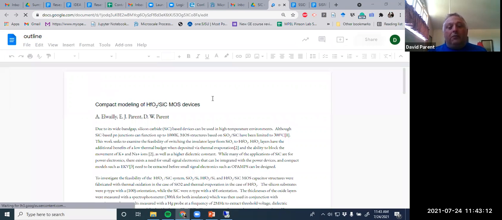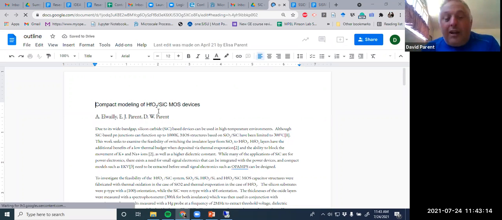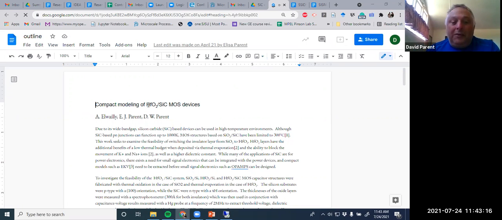Okay. So one of the projects that we've been working on and we need to continue is we were modeling hafnium oxide on silicon carbide MOS devices. Now, hafnium oxide has a higher dielectric constant, so you can kind of get the same effective transistor characteristics for a thicker oxide. Now, why use a thicker oxide, you say?